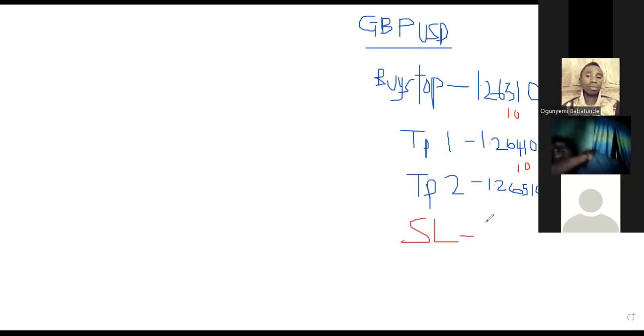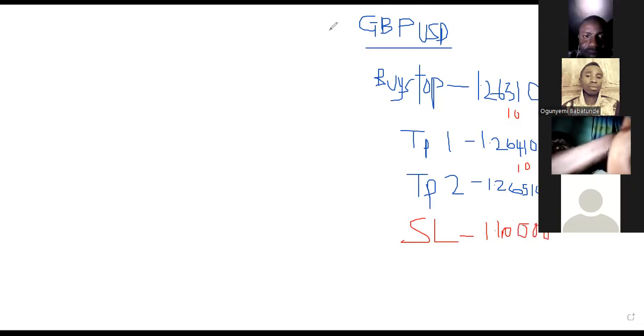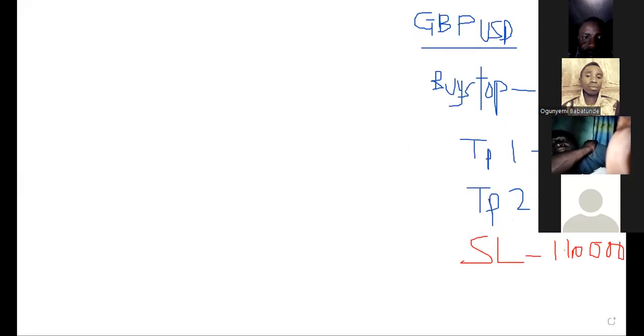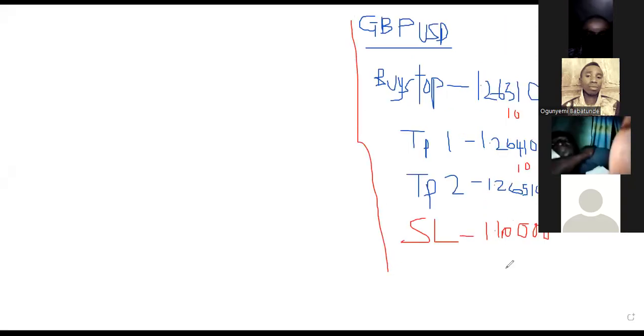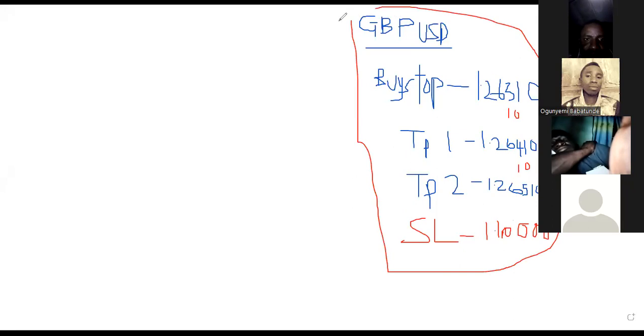Just permit me to use something very far for my stop loss. This is a signal they will give to you that you should trade with. This is a very good example of what a signal is. And this kind of signal is known as a swing trading signal.